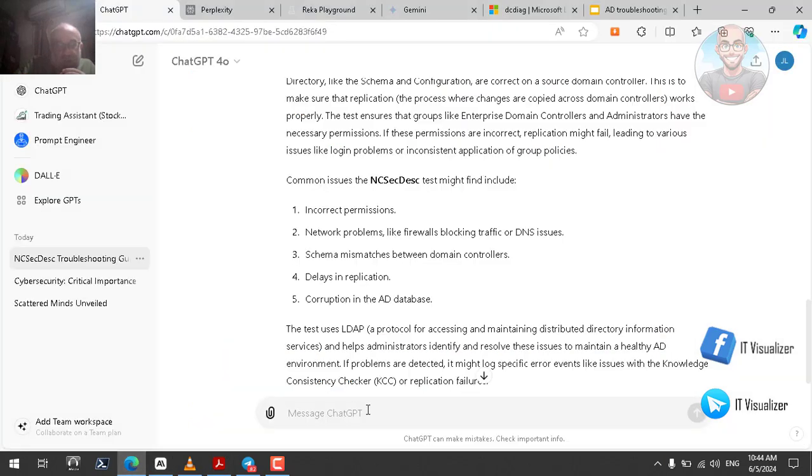Okay, let me ask it again. How will the schema mismatches between the domain controllers and the delays in replication make the NC-sec DCDiag test fail?